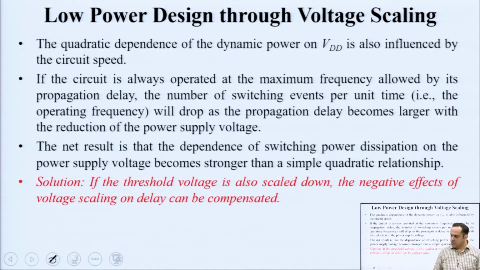So, the quadratic dependence of the dynamic power on VDD is also influenced by circuit speed, if the circuit is always operated at the maximum frequency allowed by its propagation delay.